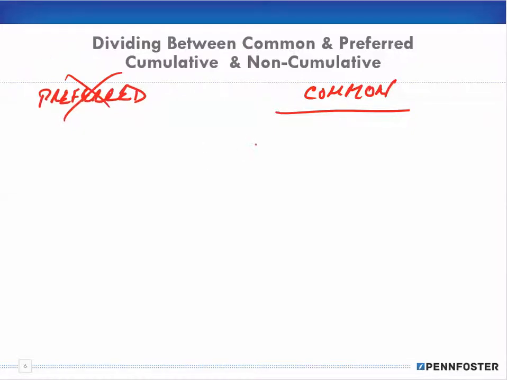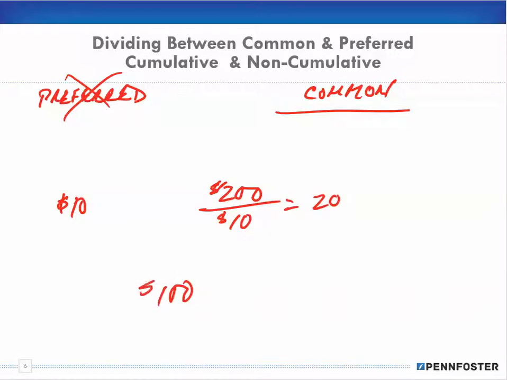Oftentimes, the way it's set up is that if you get that $200, and let's say the price of the stock happens to be $10, when you get that $200, you can either get it as a check or it can be reinvested to purchase more stock. Well, if the price of the shares is $10 a share, you would get an additional 20 shares. So if you had 100 shares, and the dividend is $2 a share, means you get $200.